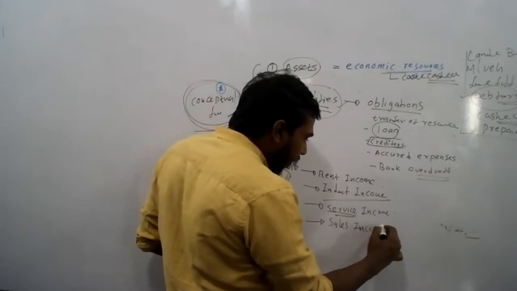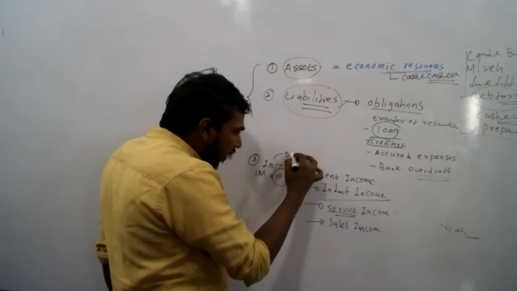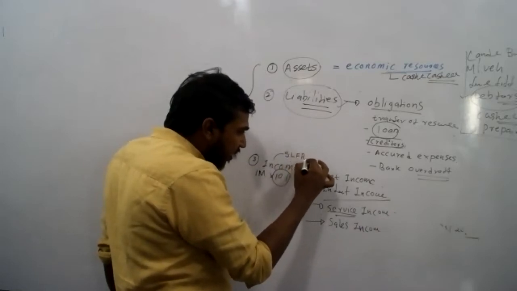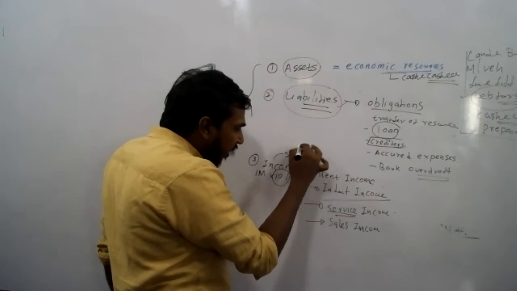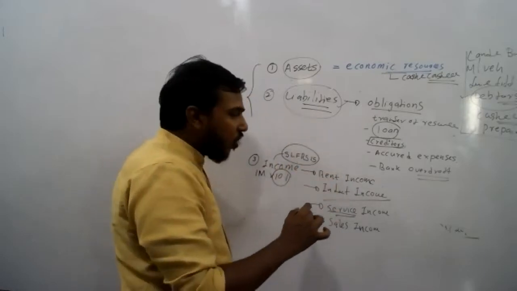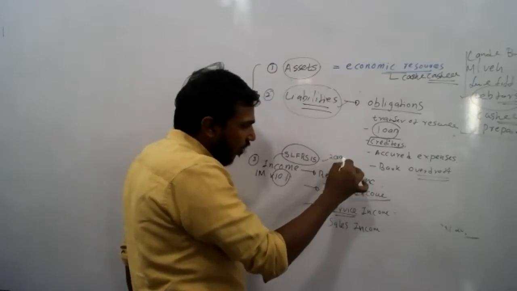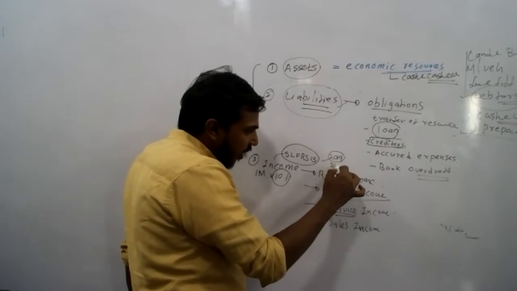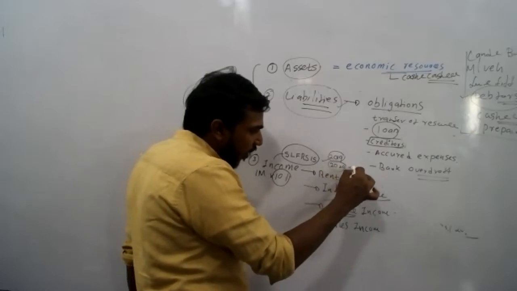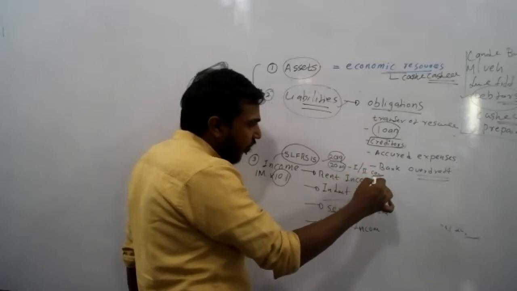Right? To recognize income, basically there is an accounting standard called SLFRS 15, revenue from contracts with customers. This was already tested in the 2019 paper, and especially in the 2020 paper, for the first paper as well as the second paper, the company question.